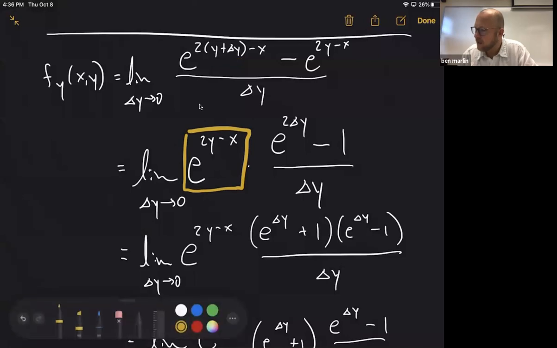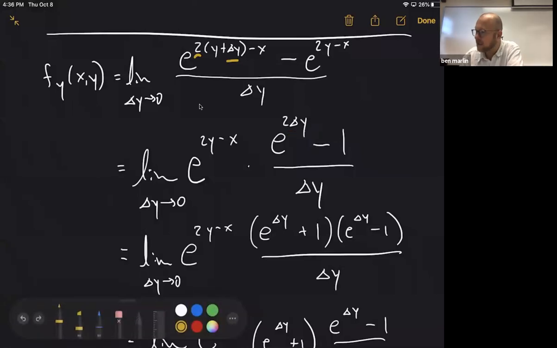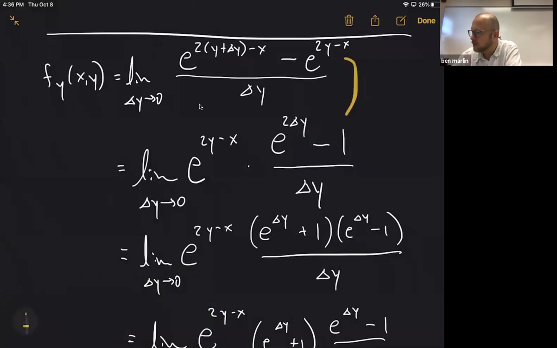And then we have to just think about what that leaves. Since we had a 2 delta y here, then that's why we have an e to the 2 delta y remaining there. And then since there wasn't anything in this other part of it, then you just have the 1, okay?